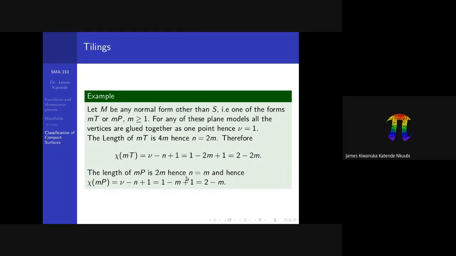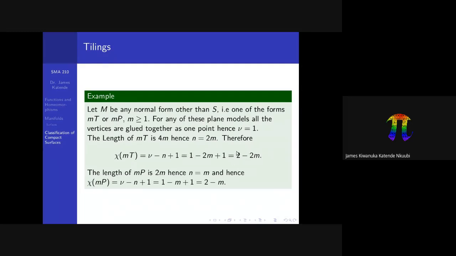Using the same ideas, we also end up with the Euler characteristic of MP as 2 minus M. So anytime we have a non-orientable compact surface and we express it in this form, we can easily compute the Euler characteristic as just 2 minus M. The same for any orientable compact surface, which we can write in this form.